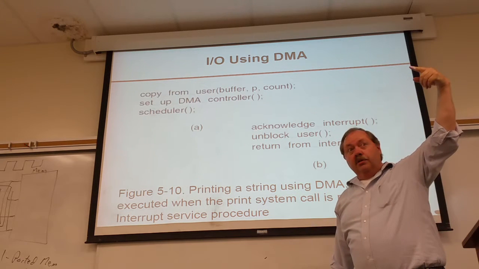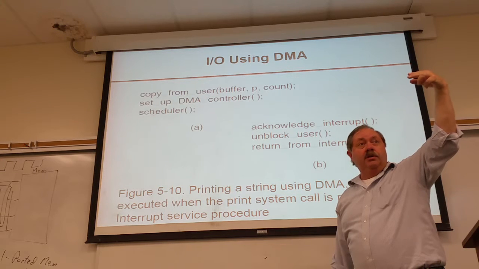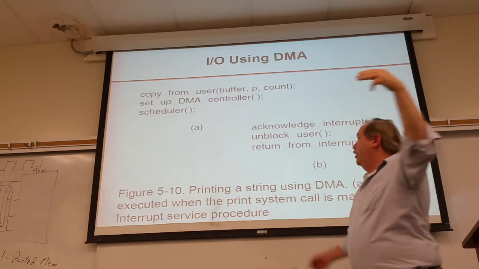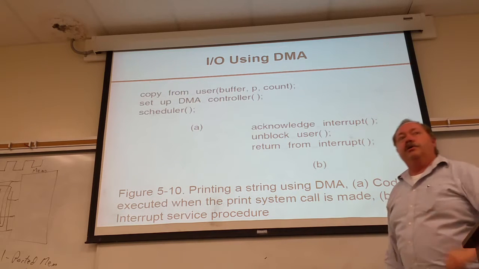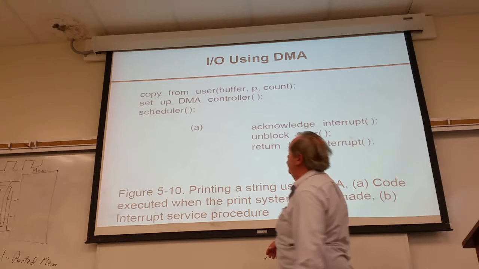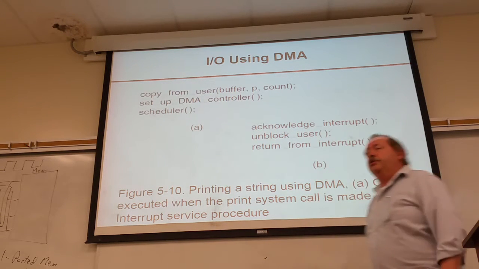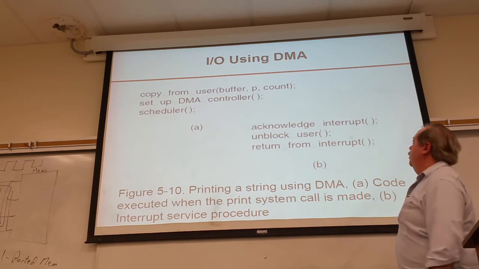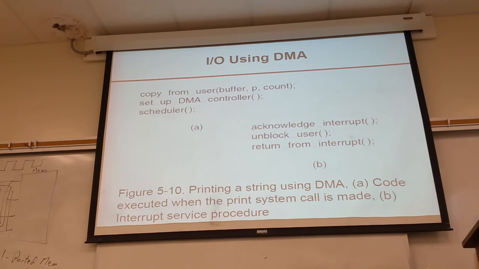Starting address, number of bytes or size, and the handshake word, whatever the ready signal is that has to be set to get the device. It passes those three things to the DMA controller, then we just call the scheduler, which goes on and does other things. For the process, we just have to acknowledge the interrupt, unblock the user, and return from interrupt. Simple.